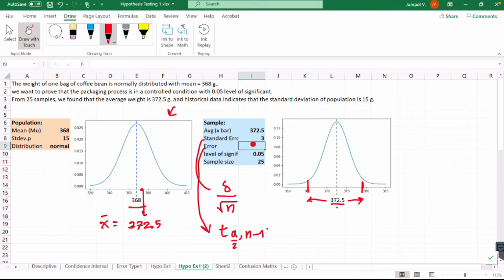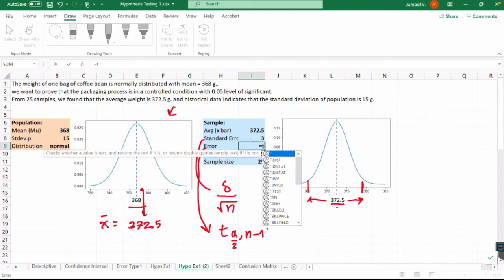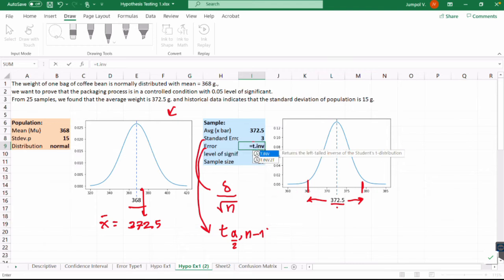So it's going to be equal to T dot inverse open parenthesis. So the probability is going to be 1 minus 0.05 divided by 2, comma, degree of freedom is 25 minus 1.